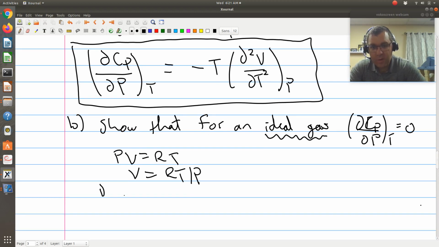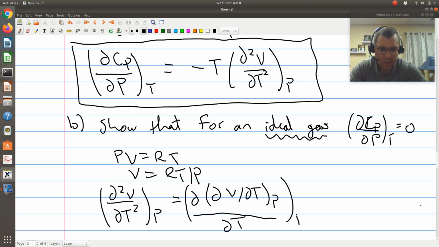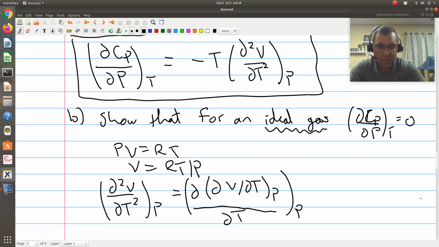Just to make it absolutely clear, d²V/dT² at constant P is the derivative of dV/dT at constant P, differentiated again with respect to T at constant P. It's a second derivative.